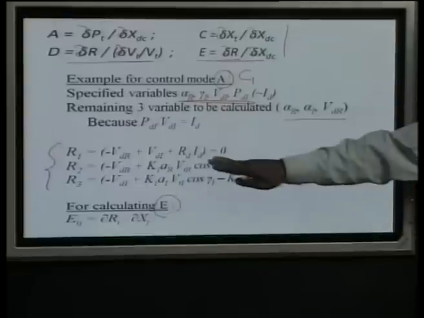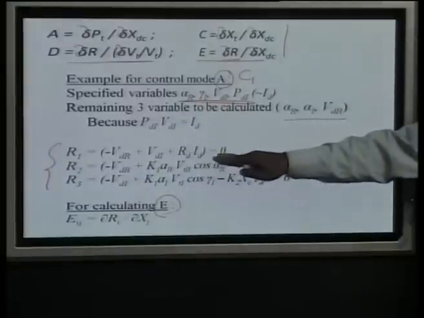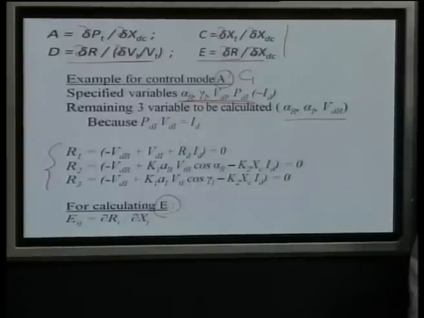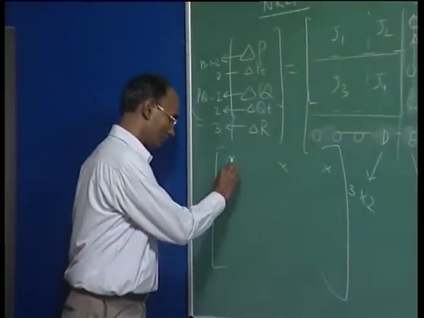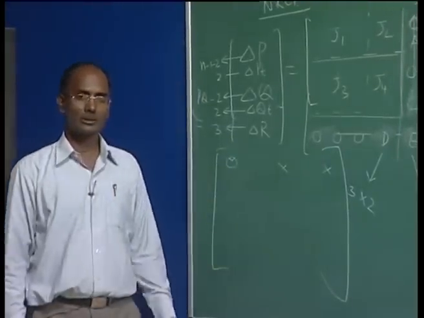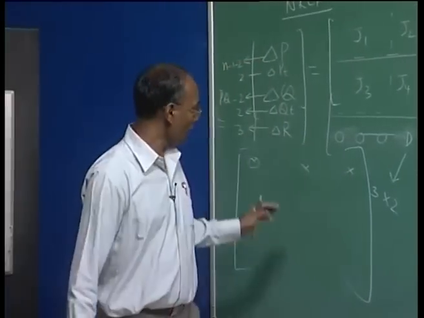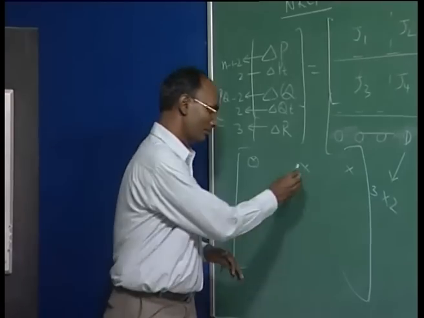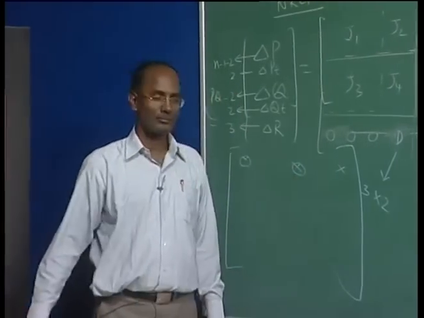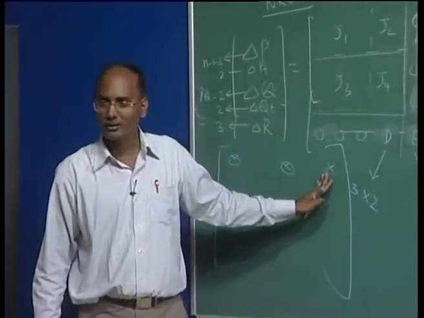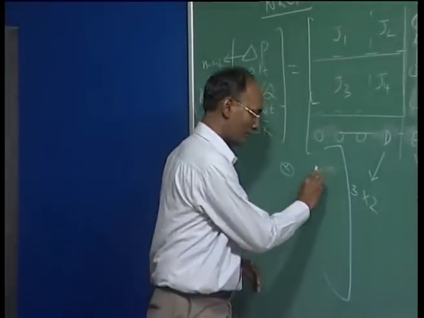Now, R1 is to be differentiated with this here. If this is R1 and you are differentiating with AI, what will be this value? 0, it is a partial derivative, so it is independent. If R1 is differentiated with this one, it is not 0, it is minus 1.